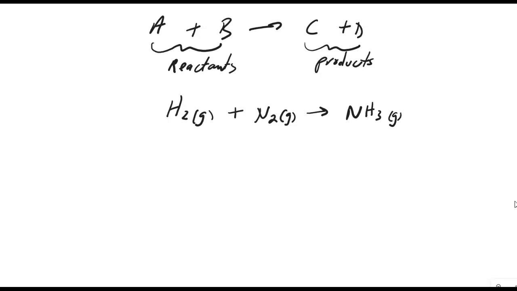And if you look at this, this is a chemical equation. Hydrogen gas and nitrogen gas are reacting to form the product, which is ammonia. Now, a couple of things that you need to pay attention to, and that would be looking at the symbols for these elements.